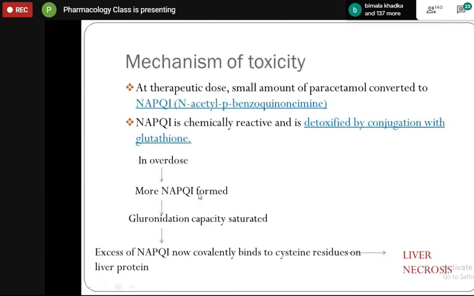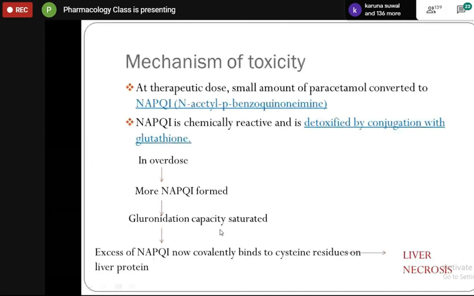But the capacity of the liver for conjugation with glutathione is very limited, and because of that the capacity will be saturated.